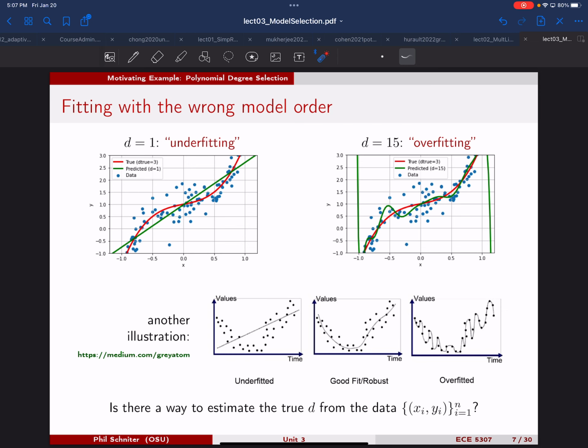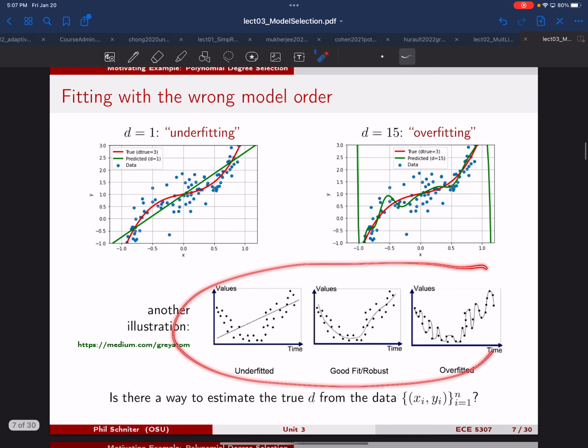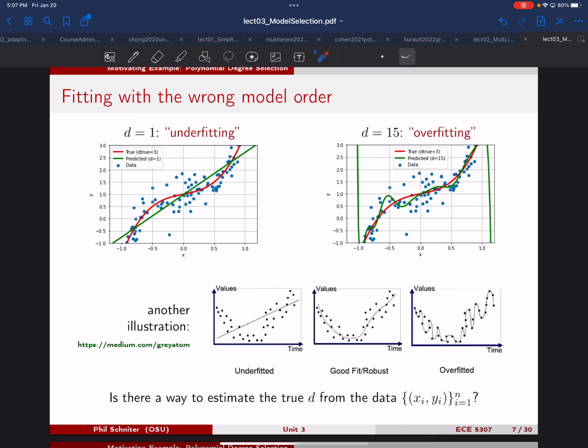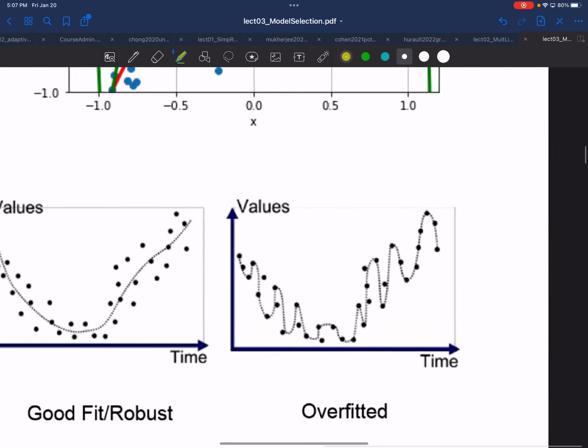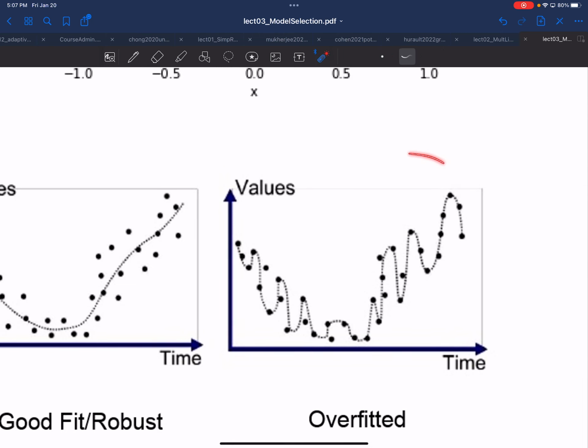More generally, here's another nice illustration of what can happen. When the model you use is too weak, not complex enough, we call that underfitting. When the model you use is too strong relative to the true trend, we call that overfitting. Here's an example of what can happen with overfitting.